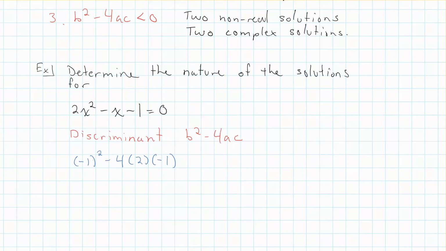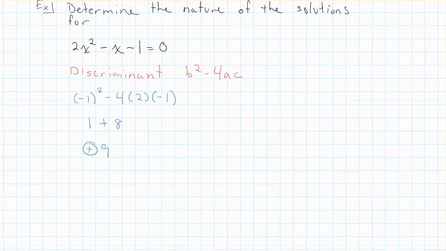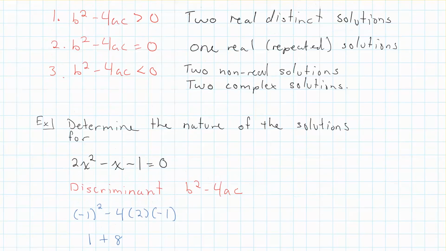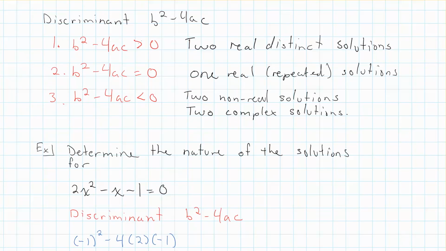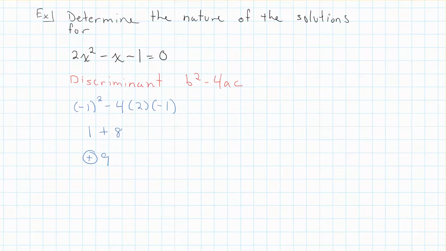So negative 1 squared is, of course, positive 1. And then negative 4 times 2, this would be positive 8. And so we get 9. Now the fact that it's 9 isn't really that big of a deal. The issue here is that it's positive. That's the important thing here. So let me scroll back up here. If it's positive, meaning it's greater than 0, that means I have two real distinct solutions.